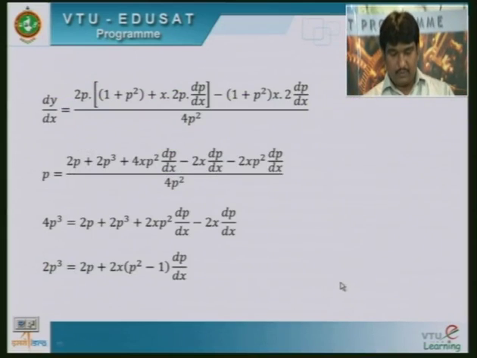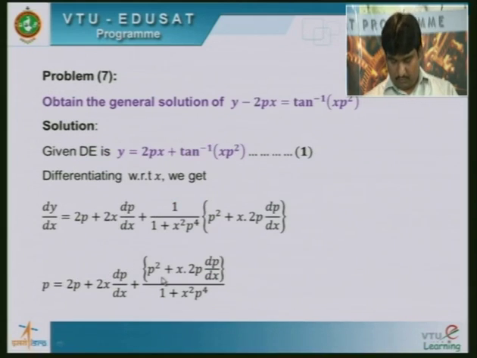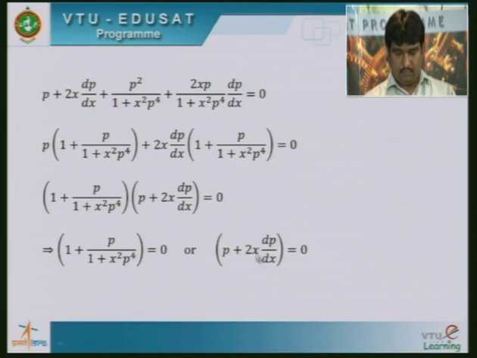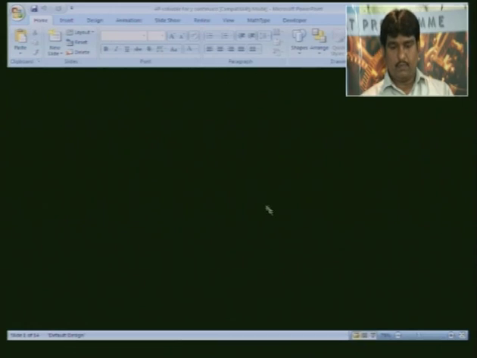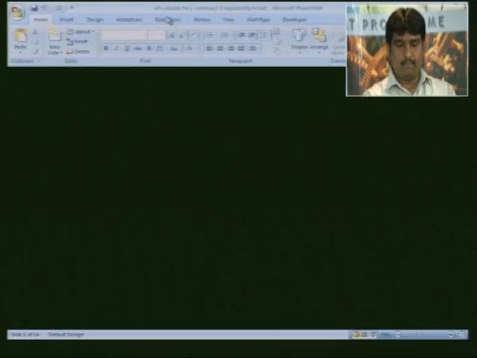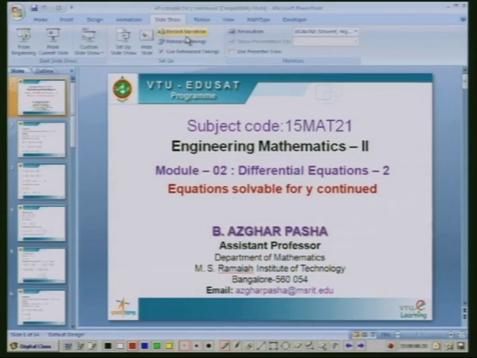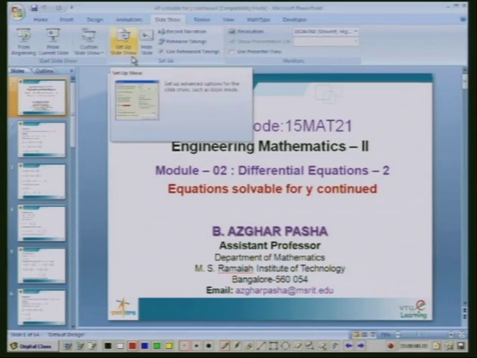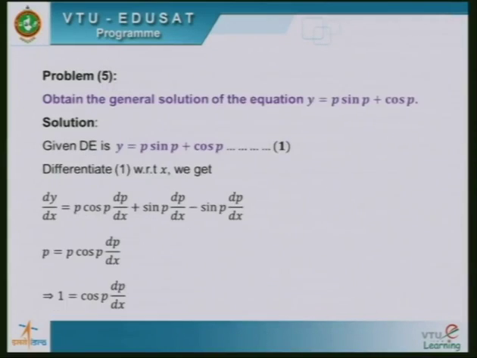You can see here, yes, we have x square minus y square equals to 0. I'll just show that to you. Problem number 6.